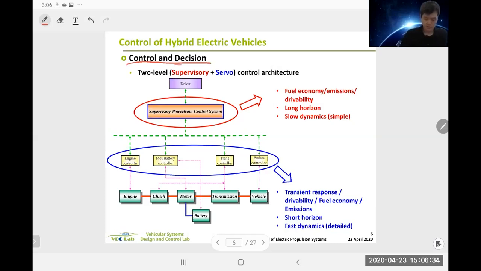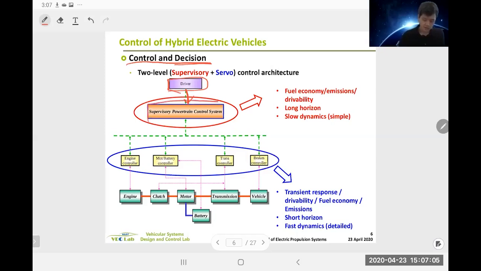But decision usually refers to high-level control, high-level decisions. And there is a hierarchy within the controller. So for example, we have a driver, and the driver asks for power, right? Accelerator and brake.